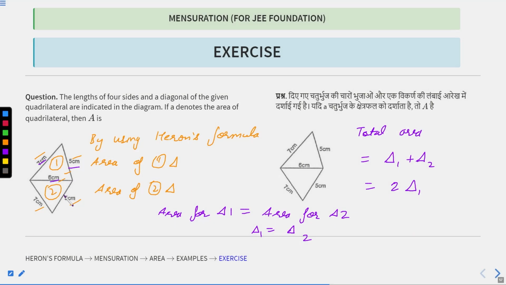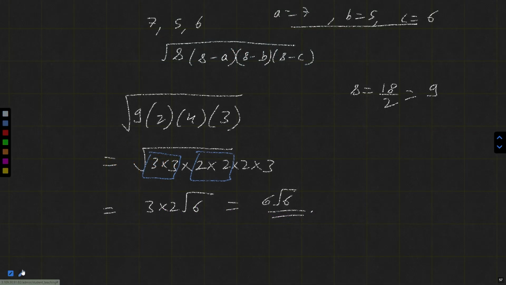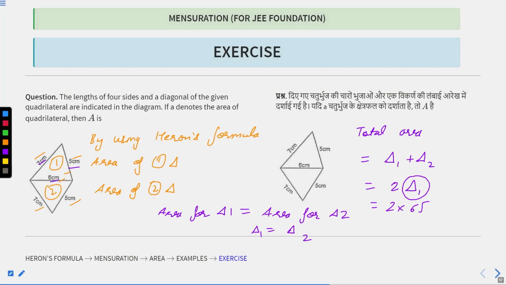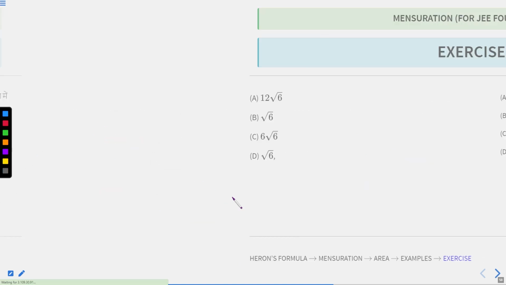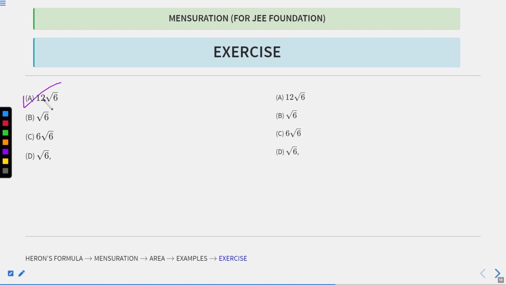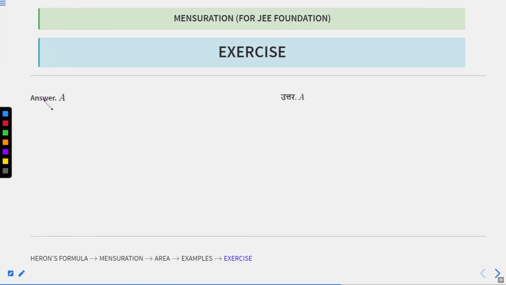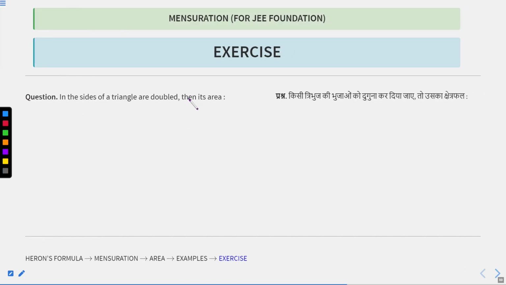So the triangle 1 area is 6 root 6. Now 2 times 6 root 6 is 12 root 6. So my answer is 12 root 6 centimeter square. The area of the quadrilateral, or the value of A, is 12 root 6. So this option is correct. Now let's move to the next.